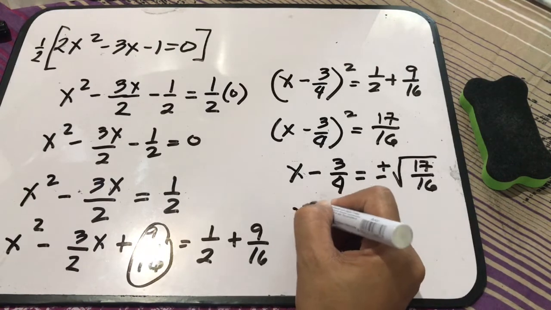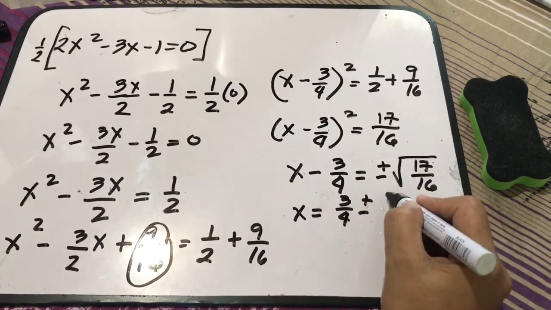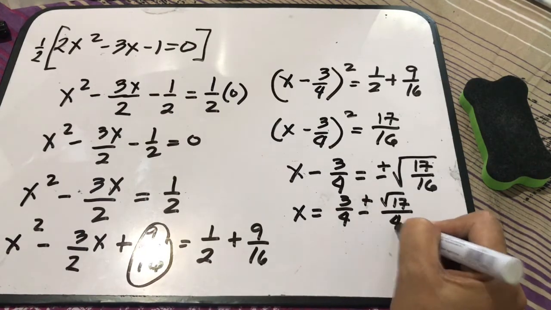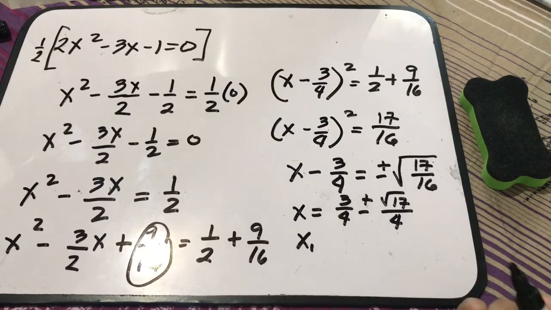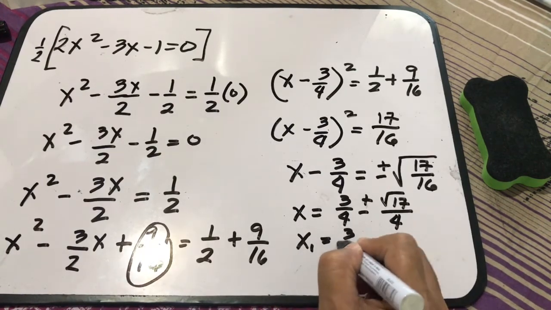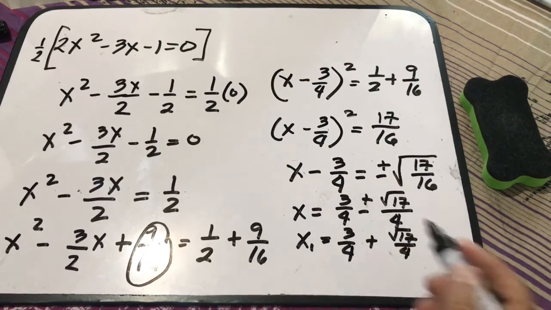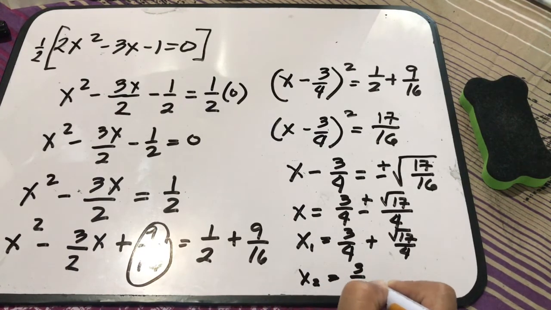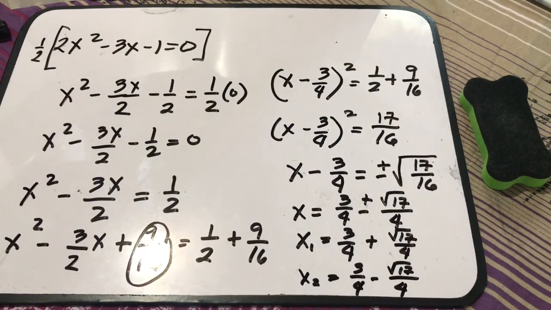Okay, so this is x equals 3/4 plus or minus the square root of 17 over the square root of 16, which is equal to 4. Okay, so our answer becomes x1, the first solution, is equal to 3/4 plus the square root of 17 over 4. And our x2 is equal to 3/4 minus the square root of 17 over 4. Okay?